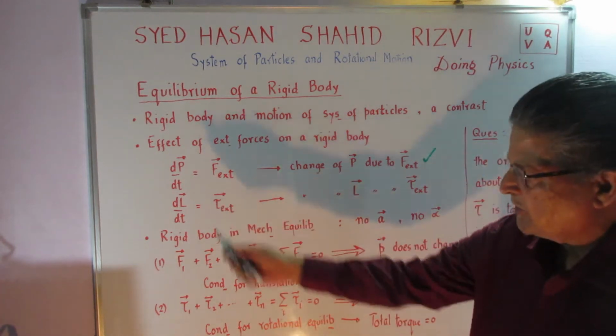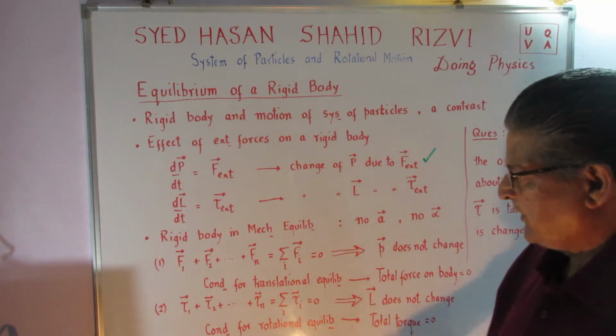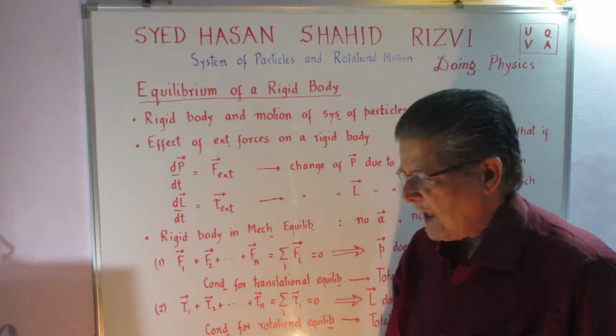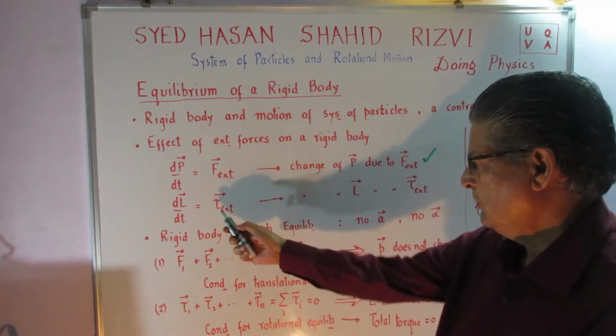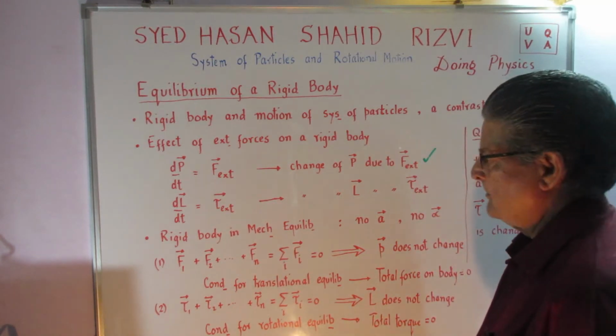Similarly, there is another equation that we have derived: dL/dt, the rate of change of angular momentum, is equal to the external torque, tau external.